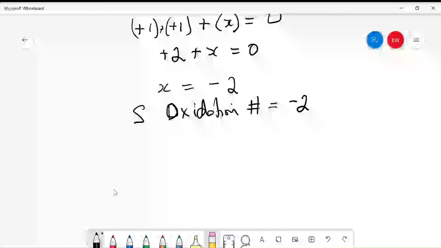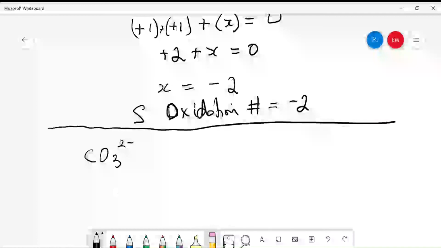Let's look at CO3 2-. And what if we want to know the oxidation number of the carbon? So we're going to look at rule number 6 that tells us the oxidation number of oxygen is -2, unless it's bonded to a more electronegative element.